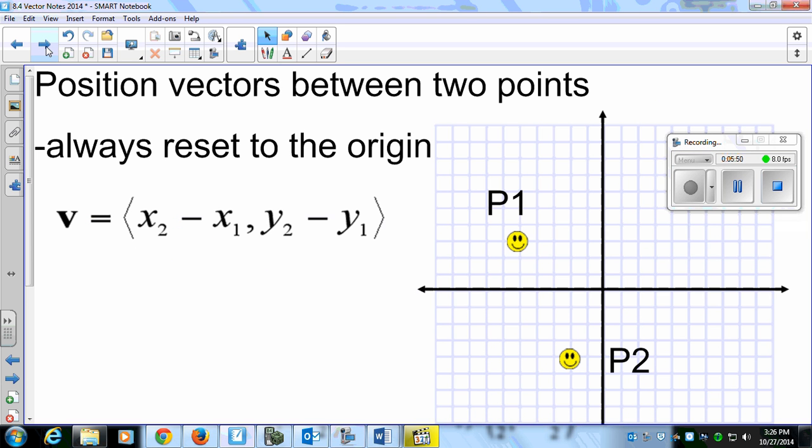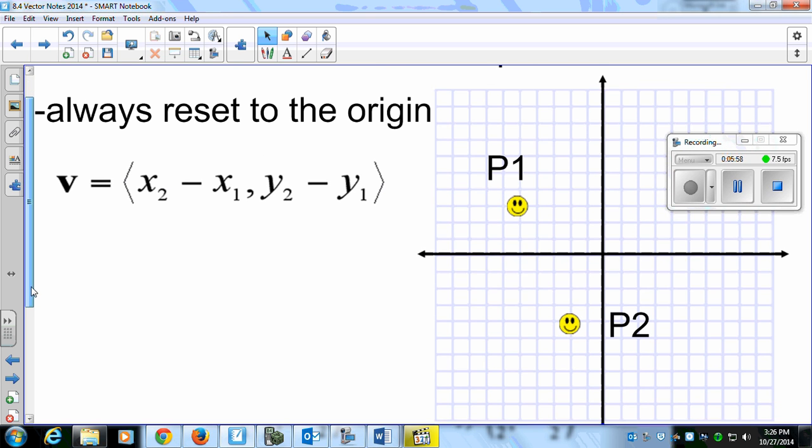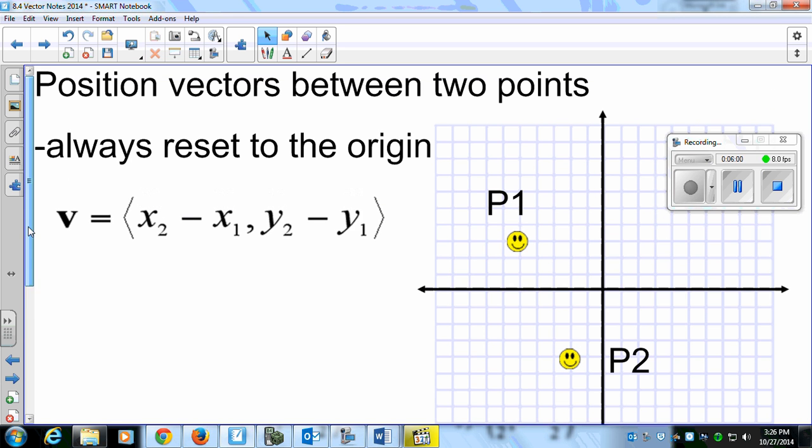Position vectors between two points always reset at the origin. So to find these vectors, notice we have position vectors P1 and P2. We can see that P1, I have this vector to this smiley face. That vector I'm going to write in vector notation with my x component being -5, and my vertical component, my y component, is going to be 3.